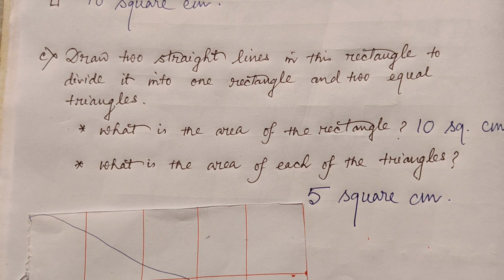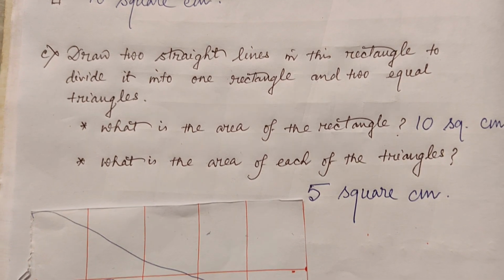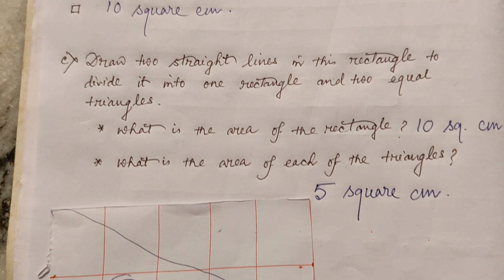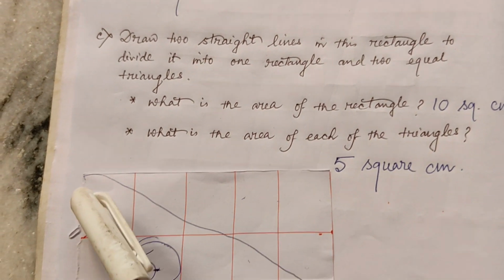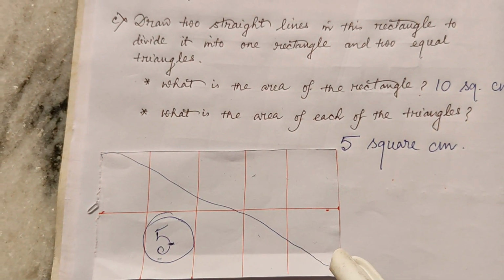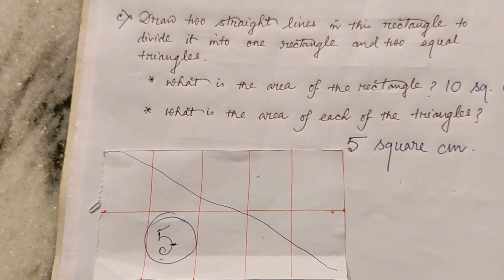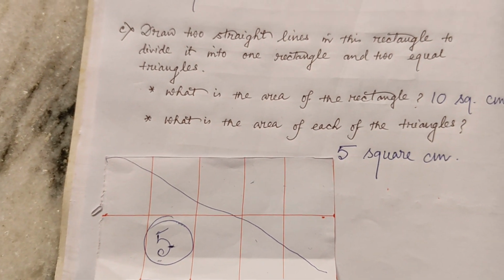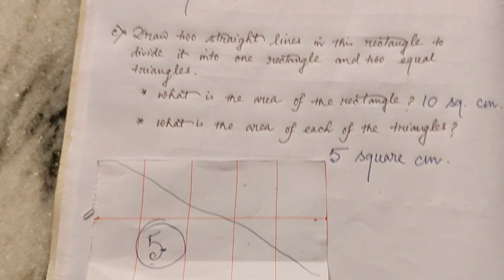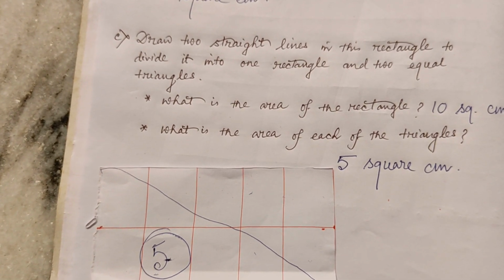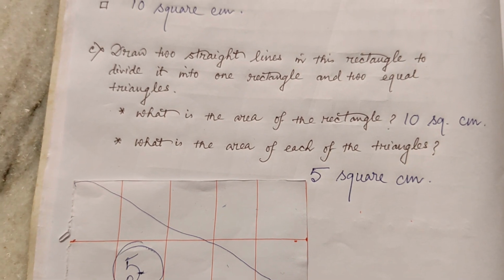So the area of each of the triangles is 5 square centimeter, as the rectangle of 10 square centimeter is divided into two equal parts. That is 5 square centimeter. So in this way you can do this type of problem.